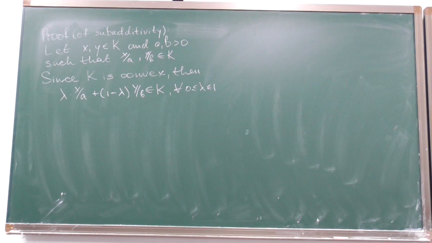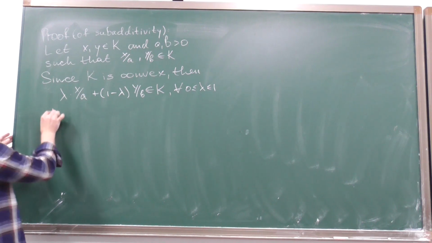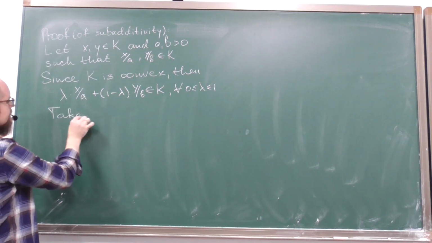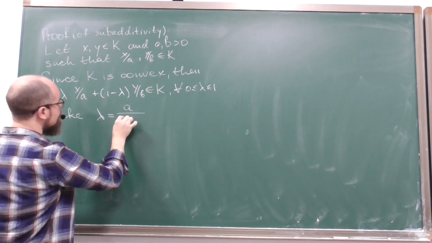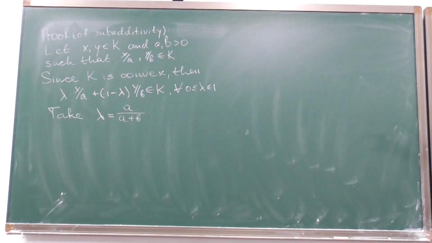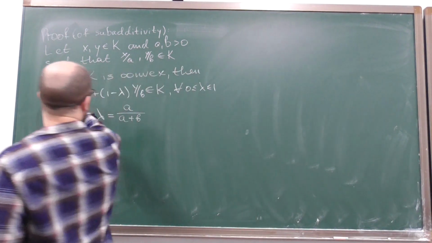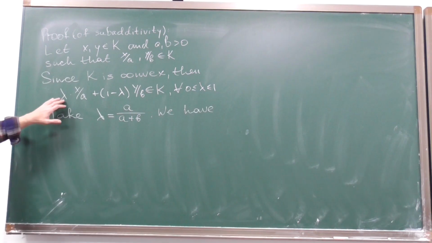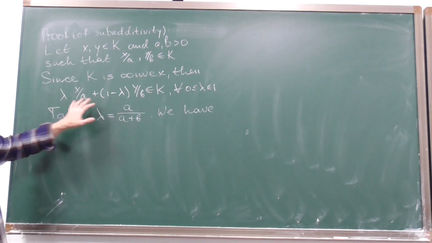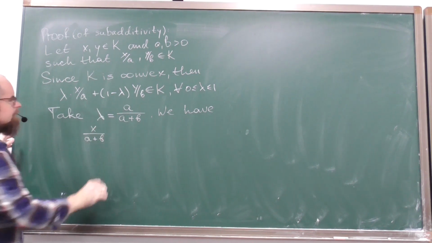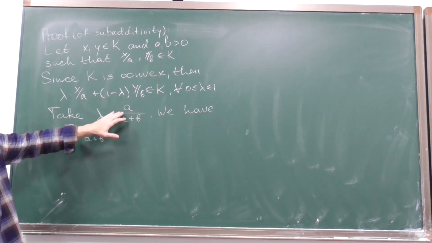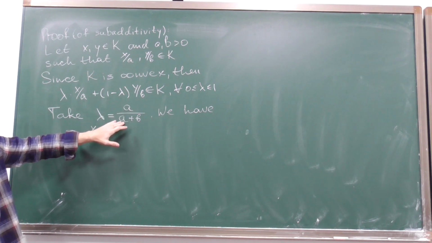And let me now choose a specific value of lambda. So let us take lambda to be a over a plus b. Let me substitute this value of lambda into the left-hand side of this expression. Over here we have a and a cancel each other out, so we have x over a plus b. 1 minus lambda equals b over a plus b.